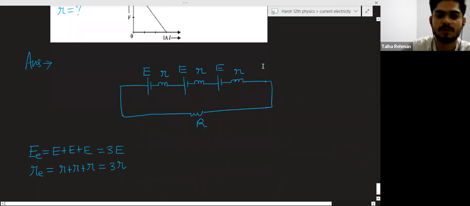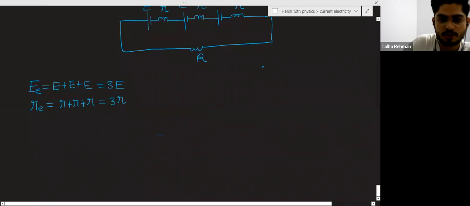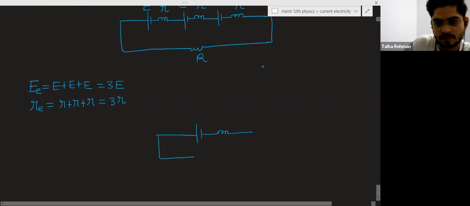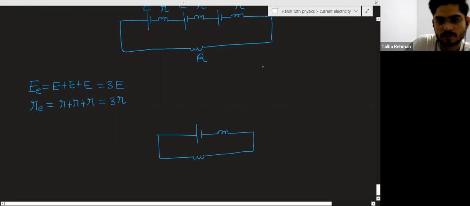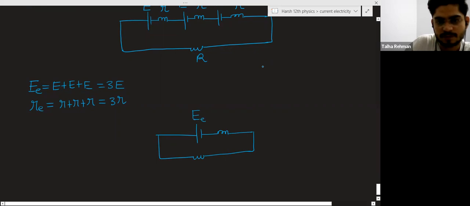So now we can just draw the equivalent circuit. This is E equivalent, this is r equivalent, and this is the current flowing here.